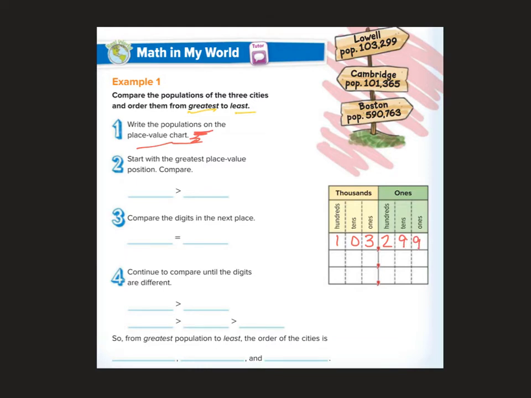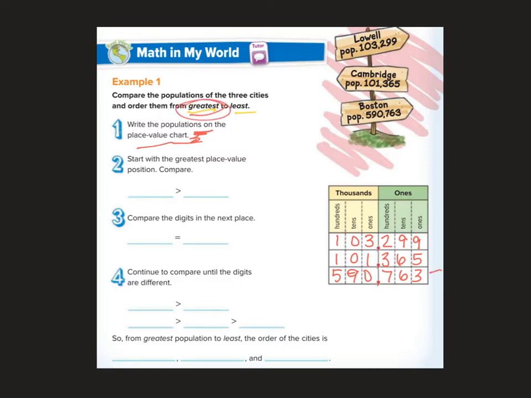Cambridge has a population of 101,365. And Boston has a population of 590,763. Okay, so from greatest, we want our biggest number up there.